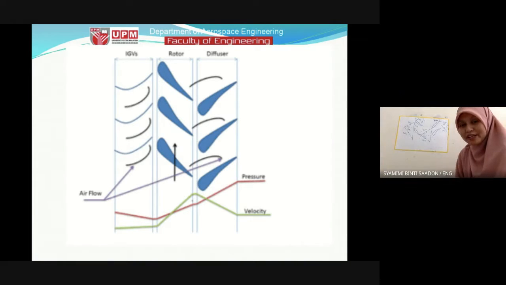This kinetic energy will be transferred to the fluid. So in the stator, also named diffuser, the fluid can keep moving because it receives the kinetic energy from the rotor part.